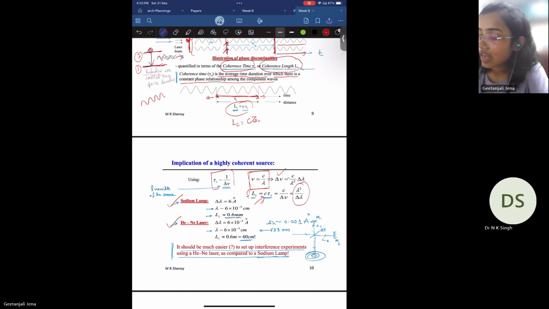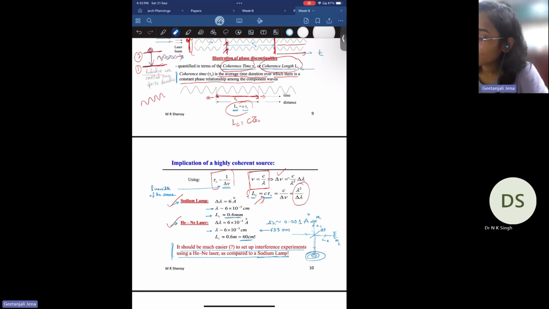For helium neon laser, delta lambda is around 6 into 10 to the minus 3 angstrom, and we take the same wavelength so that we can compare, lambda is 6 into 10 to the minus 5 centimeter. Using this formula, LC is around 60 centimeter.